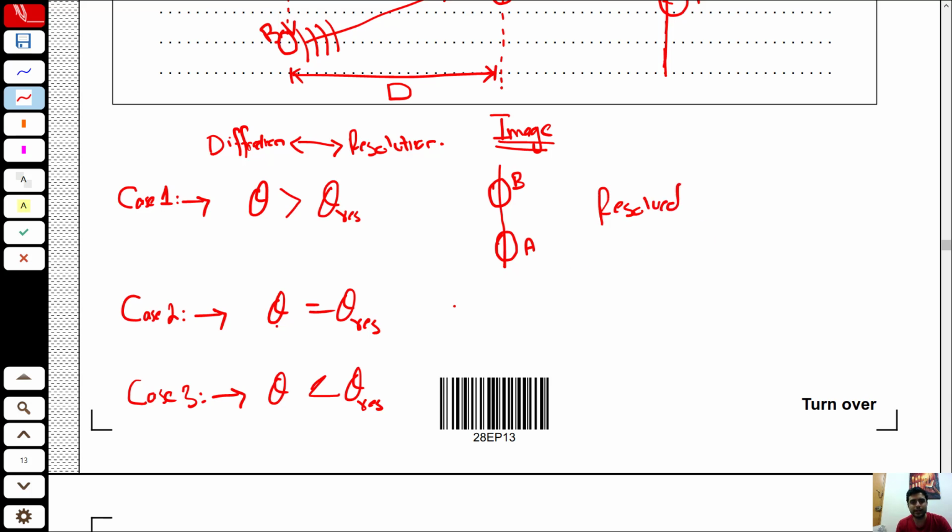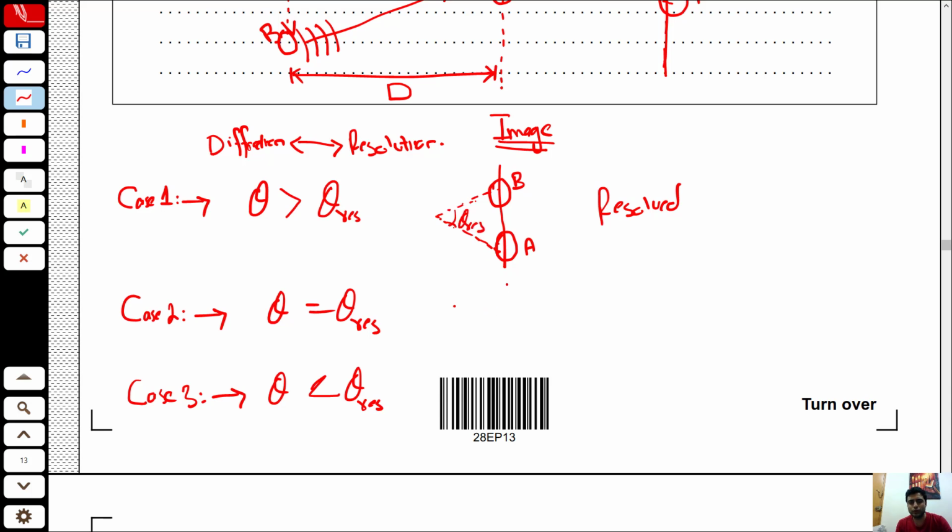Second case, when the angle of diffraction is equal to the angle of resolution. Angle of resolution is a constant angle. It is actually this angle that we are talking about. This is the angle of resolution.